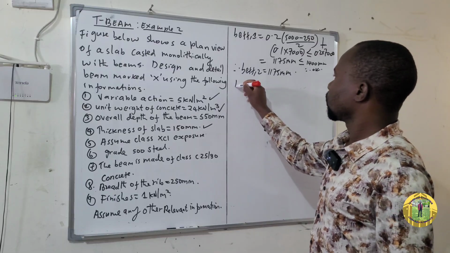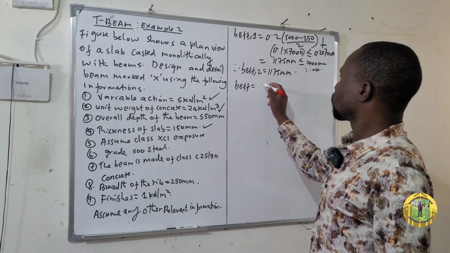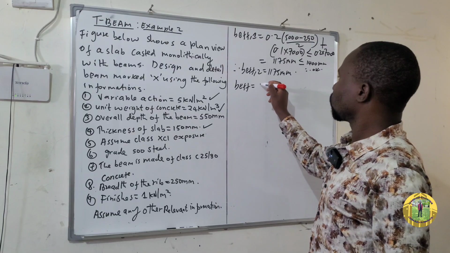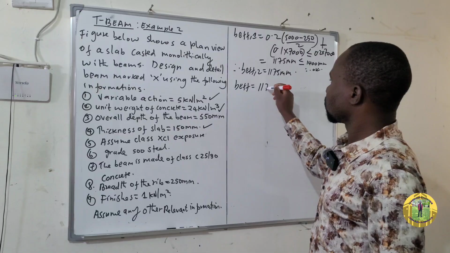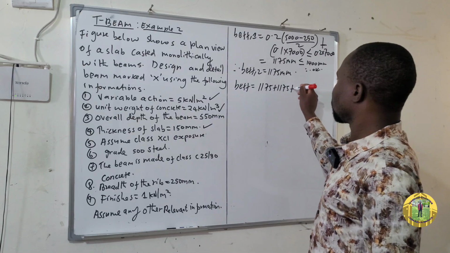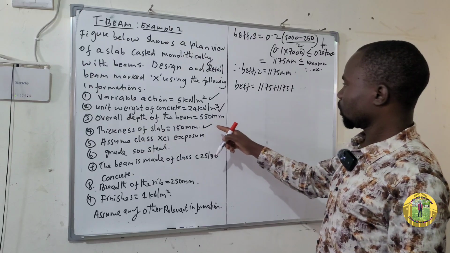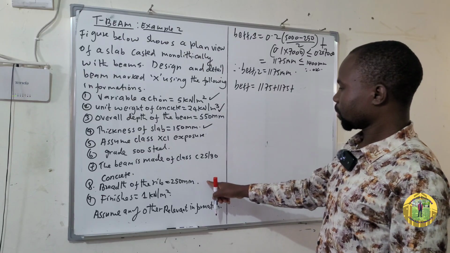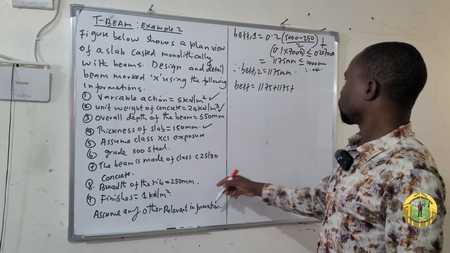Therefore, B effective is equal to the summation, which is 1175 plus 1175 plus 250, which is the breadth of the web.